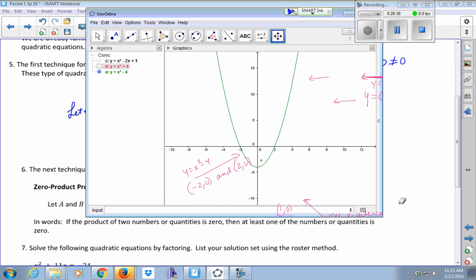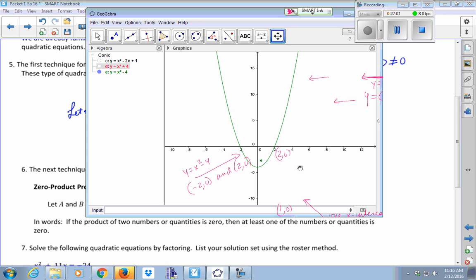So as you can see, this is y equals x squared minus 4. It's a quadratic equation with two variables, y and x. And if you were to graph that, notice it crosses your x-axis in two places, at negative 2 comma 0 and 2 comma 0, right? We call those the x-intercepts.